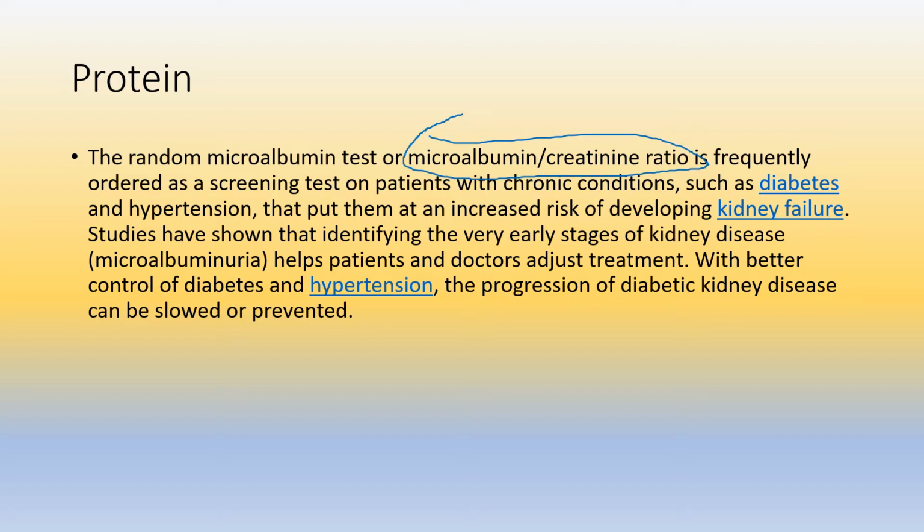And it will actually test to see whether or not the albumin is a lot higher than it should be based on the amount of creatinine. The level of concentration is obviously going to make a difference there. So we definitely should pay attention in diabetics, but also probably even in hypertensives. We don't usually test hypertensives as often for this.